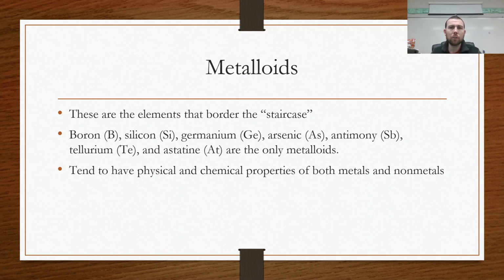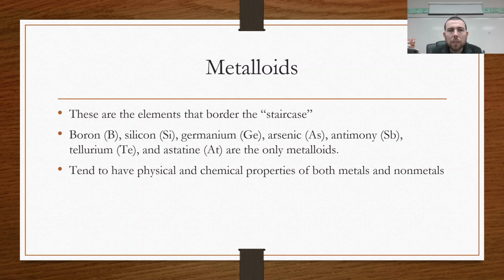And so our metalloids have some of the physical and chemical properties of both the metals and the nonmetals. Now, these metalloids, those are the elements that make up the staircase. So those would have been the elements that were in green on our color-coded periodic table.